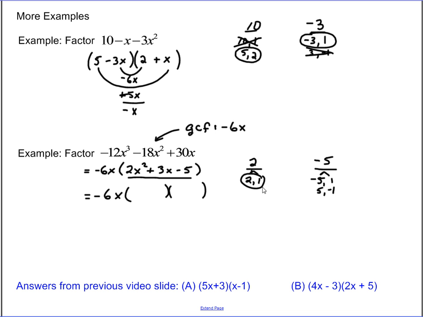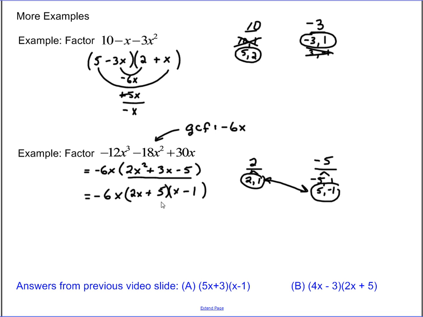Because if we take 2 times negative 1, then we take 5 times 1, and we add those together, it looks like we could probably get 3. So let's see what we get here in our combination. We're going to have 2x and 1x for our leading terms. And we're going to have to put 5 and negative 1 in some place so that I'm not taking 2 times 5. That would be 10, too big. So I'm going to put 5 here, and I'm going to put negative 1 here.